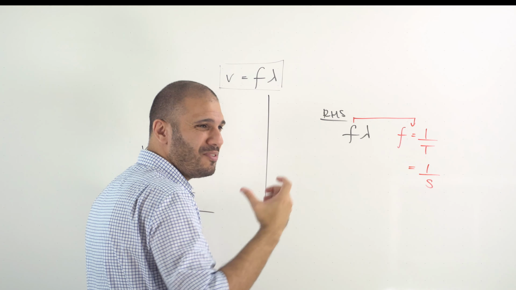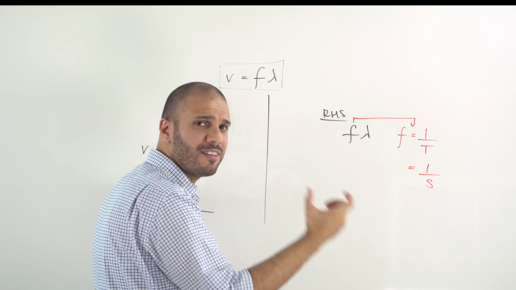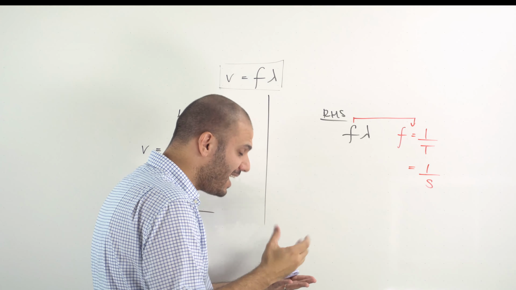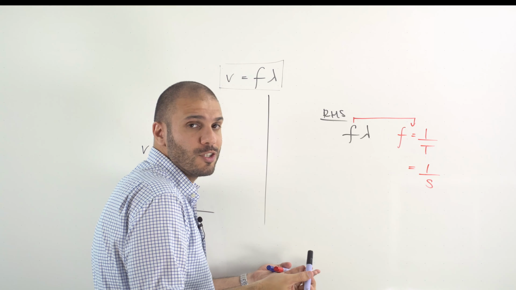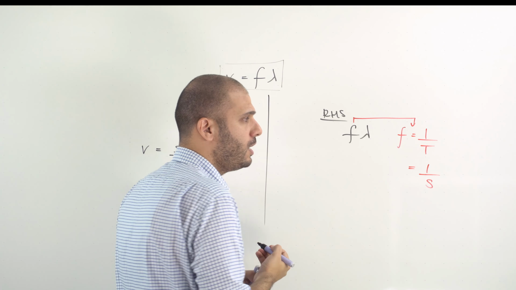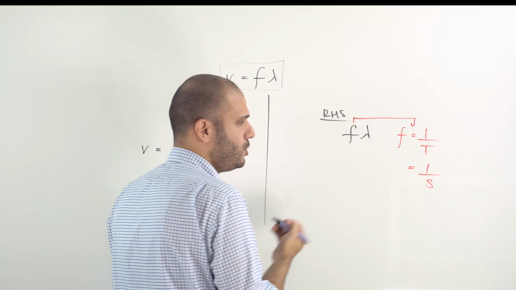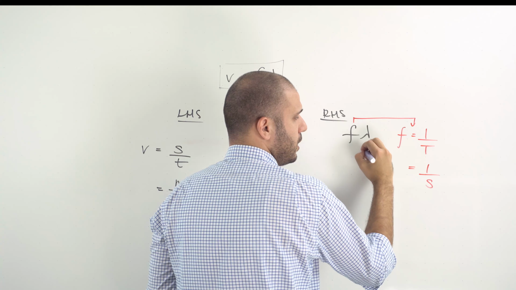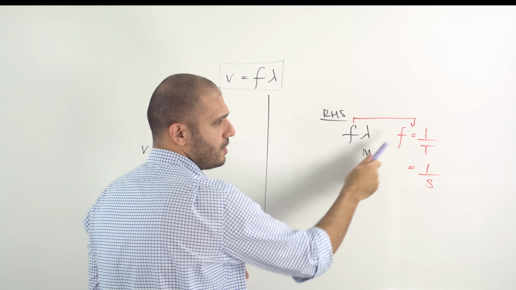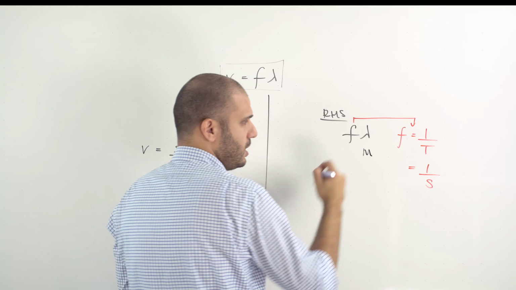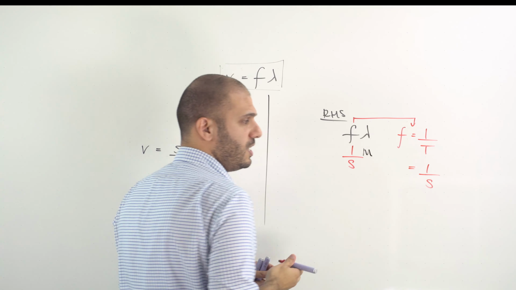Lambda is wavelength, so it is the length of one wave. And if it is length, it is a base quantity, and therefore we can simply list down its base unit. Therefore, lambda is meters, and frequency is given in 1/second.